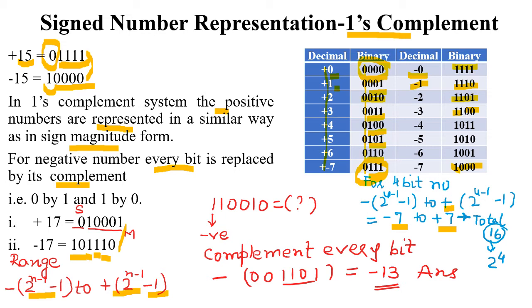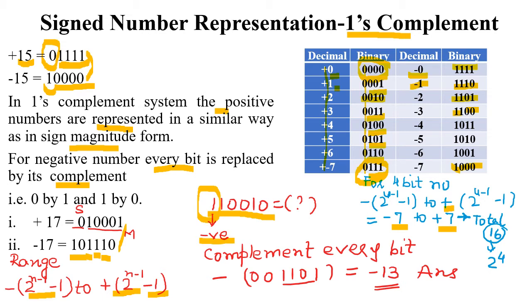Now, if we are given a number in one's complement form, how do we find its decimal equivalent value? Suppose the number is 110010. First, you have to check whether the first bit is 1 or 0. If it is 1, it indicates the number is negative.